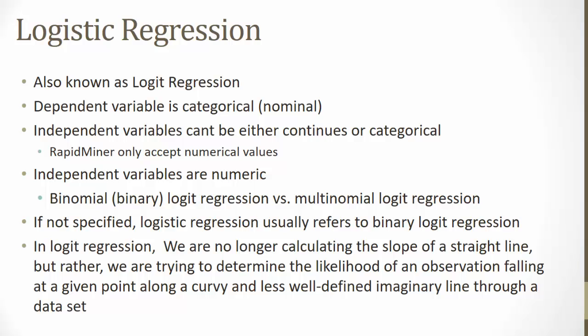Yet we still want to assume some sort of linear relationship between our independent variable and dependent variable. But if we model it the way we model a linear regression, our results will not make sense. The readings for the dependent variable will not make sense in our case.